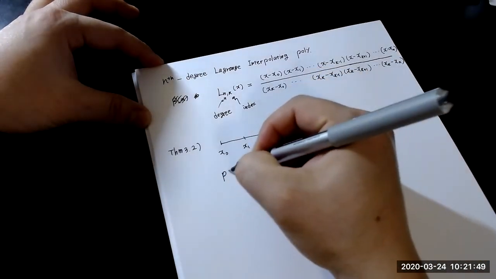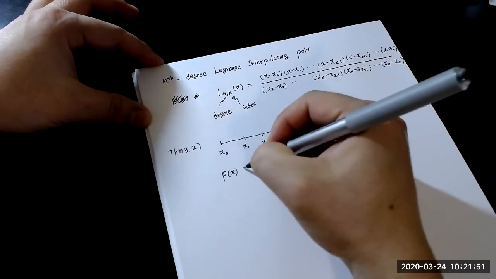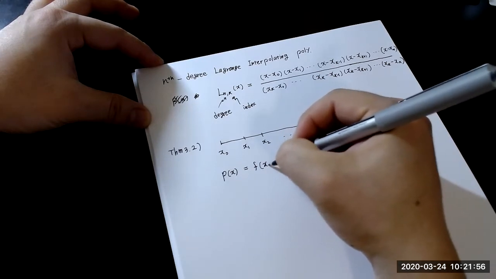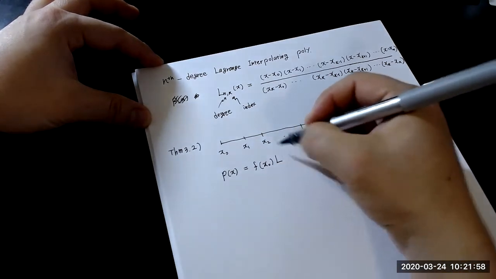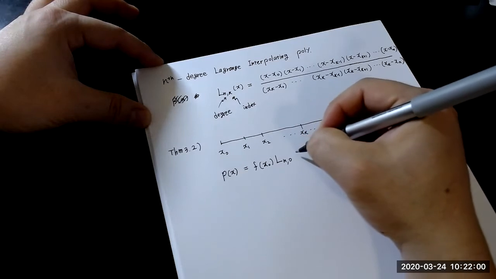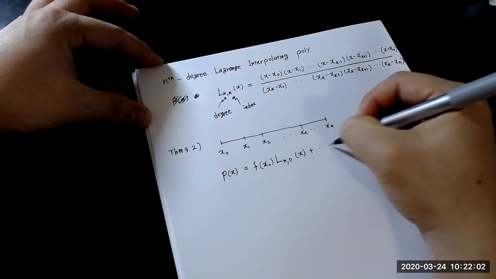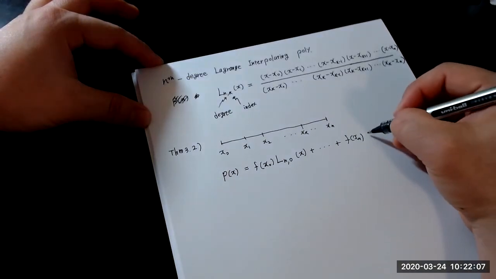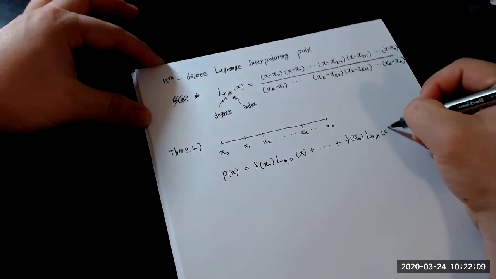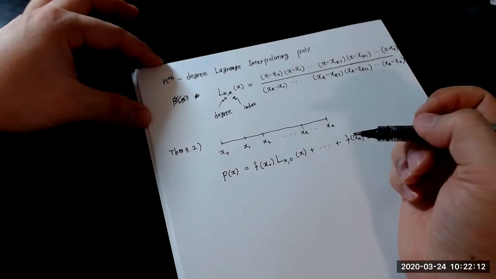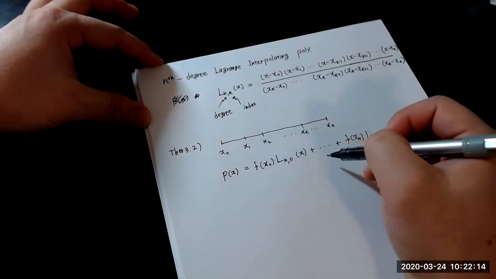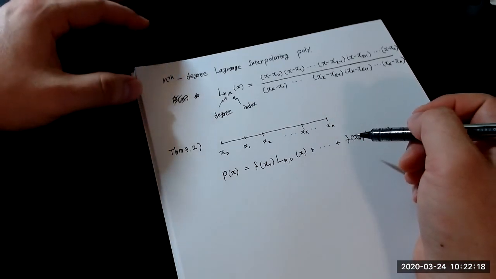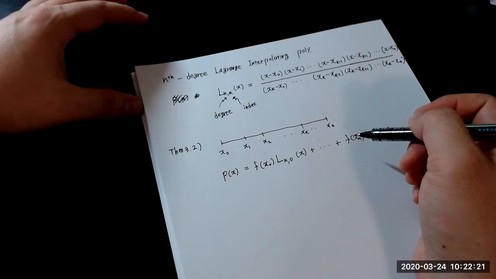So now we construct p(x) using the Lagrange interpolating polynomial: f(x0) L_{n,0}(x) plus through f(xn) L_{n,n}(x). The f(x0), f(x1) through f(xn) are the function values at the nodes.